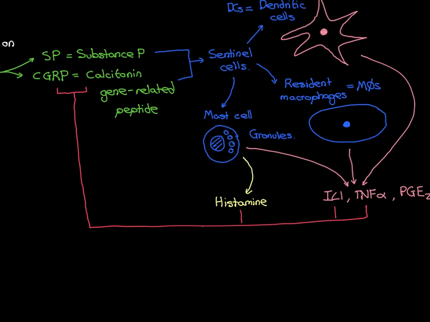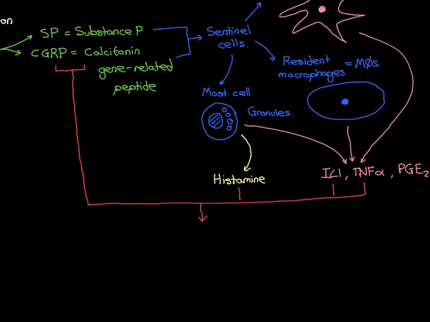So this is why I'm now connecting them all up here for this arrow here. So all five of them, calcitonin gene-related peptide, substance P, histamine, interleukin-1 and TNF-alpha, are now going to work on the microvasculature blood vessels. So by that I mean the terminal arterioles, the capillaries, the post-capillary venules, the tiny little blood vessels. They're going to trigger changes in the behavior of the endothelial cells of those blood vessels, and the changes will overall lead to inflammation occurring.